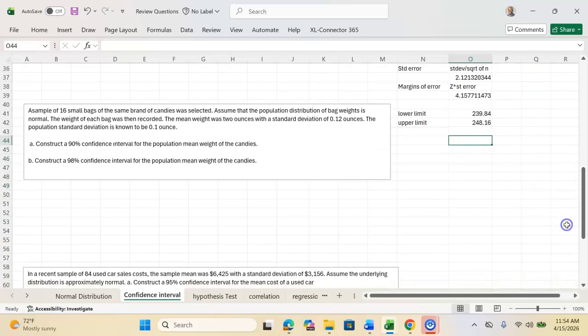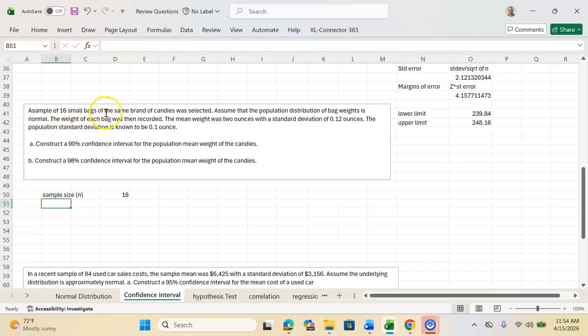So let's see how we can work on the second question. I'm going to work here. It says a sample of 16 small bags. So here it is sample size, which is n. So the sample size is 16. I just identified that even before I read more.